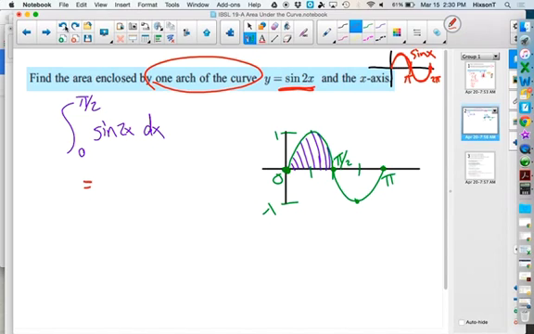But let's look at this here. We have sine of 2x. What's the integral of sine of 2x? 2 negative cosine. Hang on, what did you say? Is that where we take the derivative of the inside?